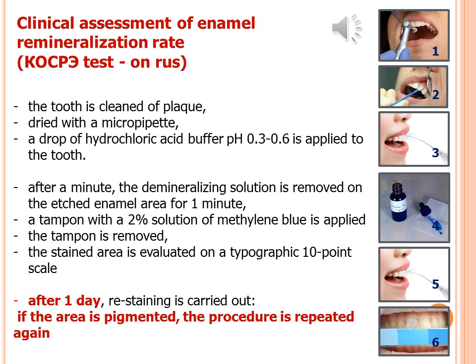A tampon with a 2% solution of methylene blue is applied to the tooth. The stained area is evaluated on a typical 10-point scale. After 1 day, restaining is carried out. If the area is pigmented, the procedure is repeated again, day by day.